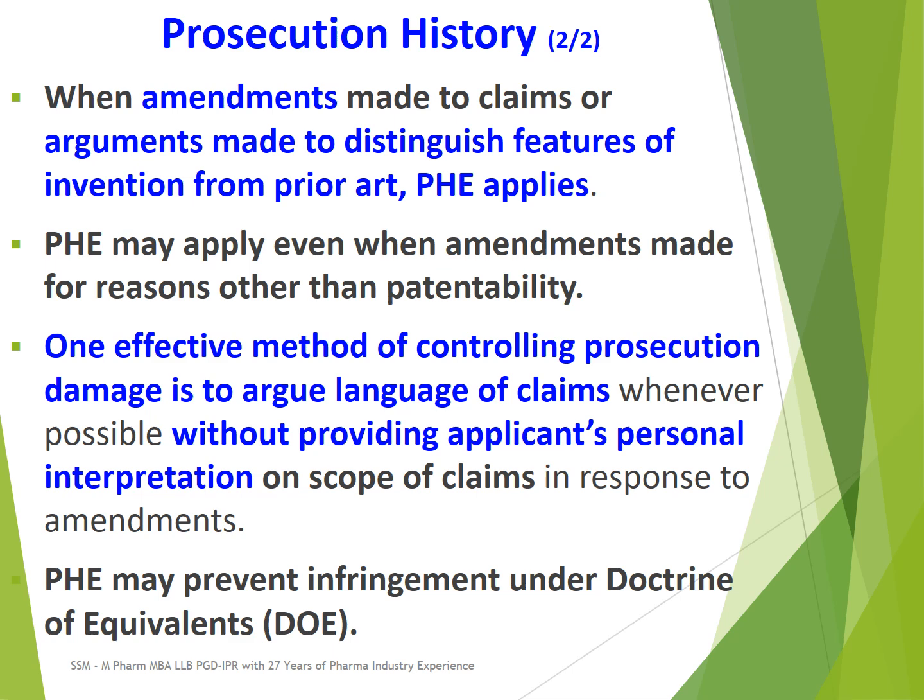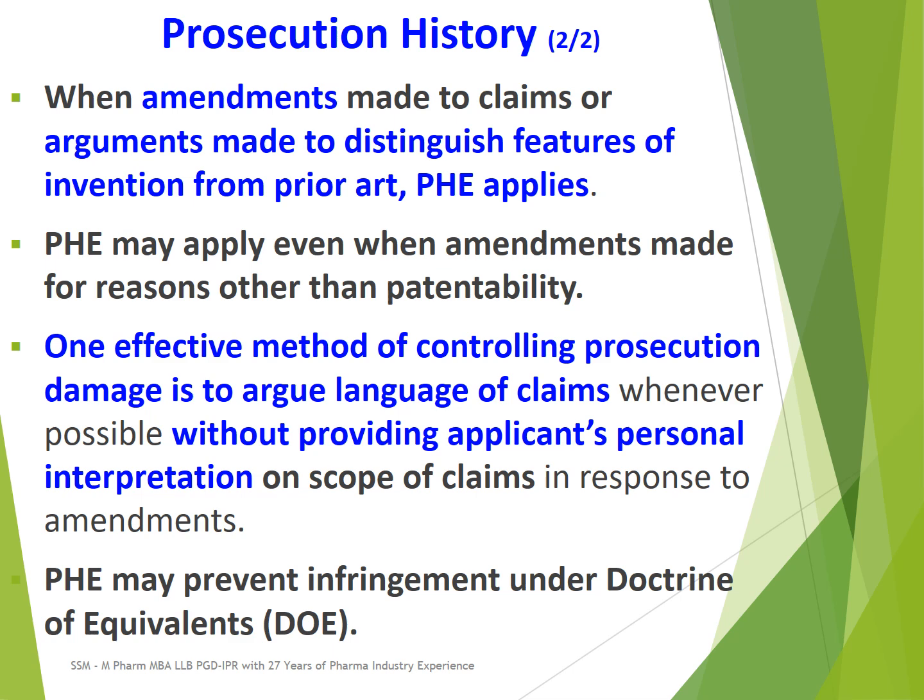It will prevent the applicant from later on claiming that equivalent which he has surrendered during application prosecution. Now later on he cannot reclaim that surrendered equivalent in infringement case filed by applicant for that equivalent which has been marketed by some person.